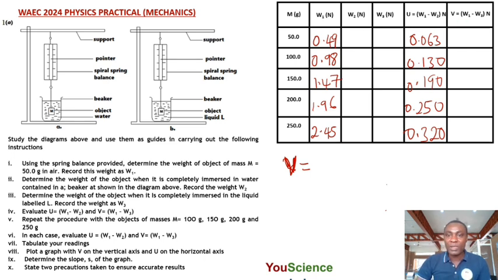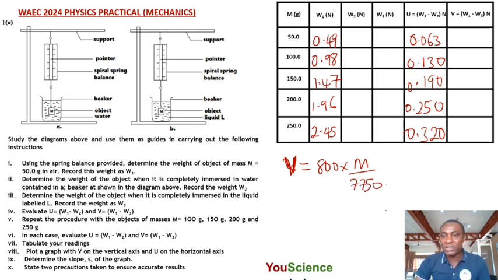Okay, so V is density of liquid, which is 800, times the volume of liquid. This time around, the volume of the liquid is mass all over the density of solid again, which is 7750. That's what we used.